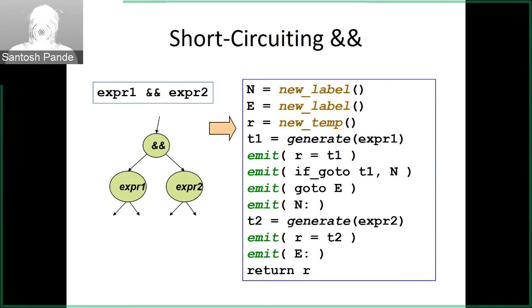That's how we have come here. See that chain of branch here, that if T1 is true, then go to N, and N is where we are generating T2. So in short, it is a true AND expression with true that is being evaluated here. And that's why you can see that we have sort of gotten rid of this evaluation and made it simple.